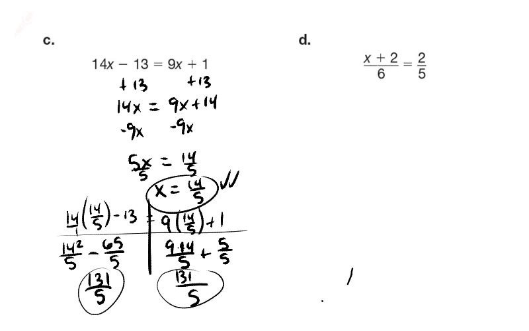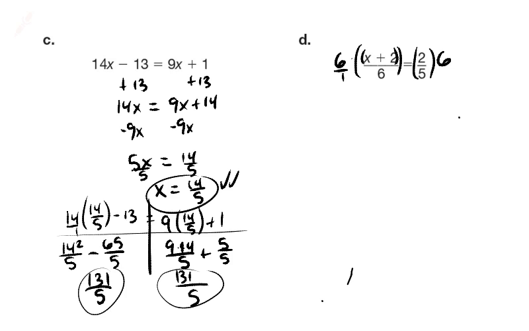Last one up here, this is a proportion, and there are certainly ways of dealing with proportions that are beyond our basic properties of equality, but I'm going to limit ourselves to the properties of equality. I'm going to multiply both sides of this equation by 6 first of all, because if I have equal things and I multiply by equal things, I get equal things. On the left hand side, x plus 2 is being multiplied by 6, and this 1 is being multiplied by 6.